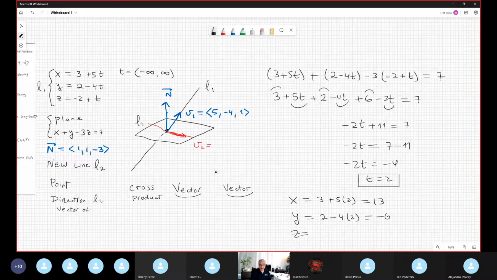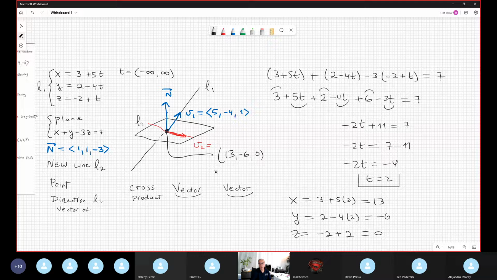And z is equal to minus 2 plus 2, which is 0. Wow, so this is a famous point. This famous point is (13, -6, 0).